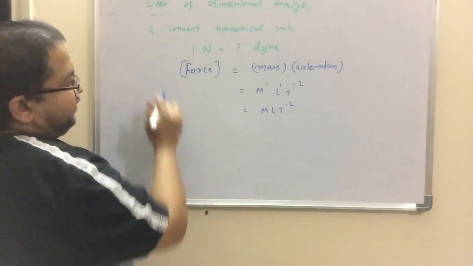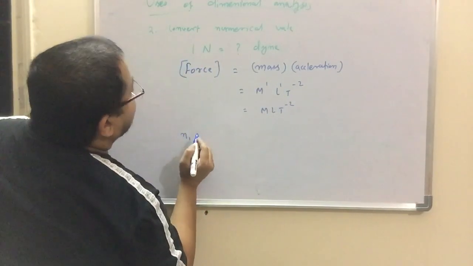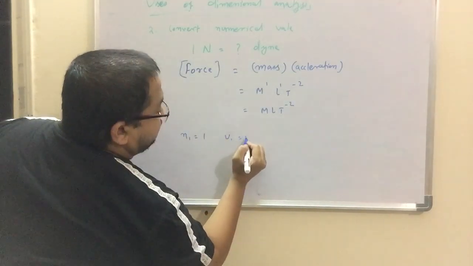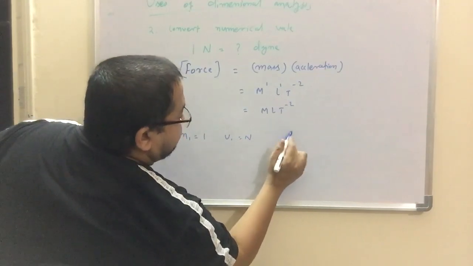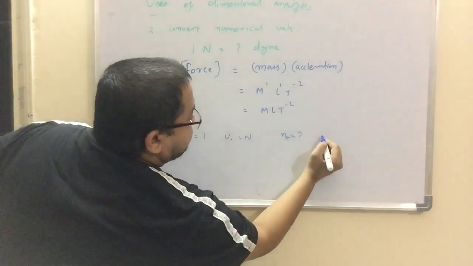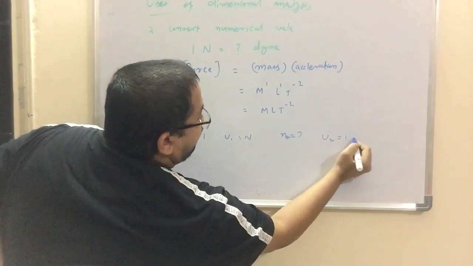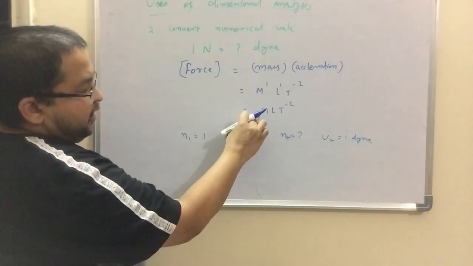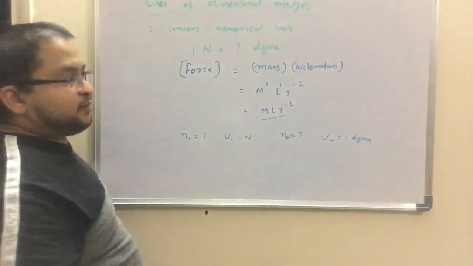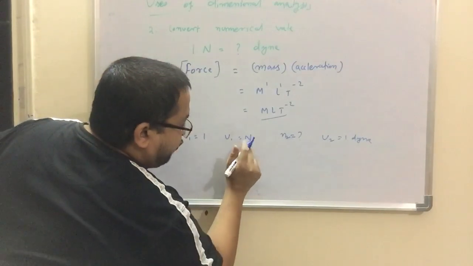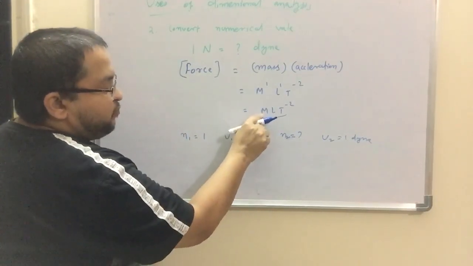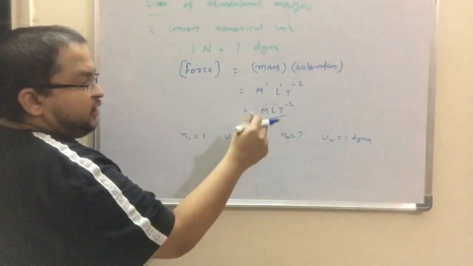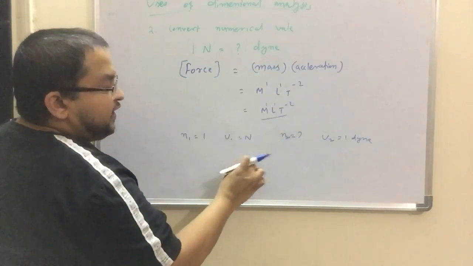Okay, now let's again go back here. So N1 equals 1, U1 equals Newton, N2 equals how much, and U2 is 1 dyne, right? So 1 Newton, what is the importance of deducing this dimension? So that I can say that 1 Newton is nothing but unit of mass raised to the power 1, unit of length raised to the power 1, and unit of time raised to the power minus 2 in any unit.